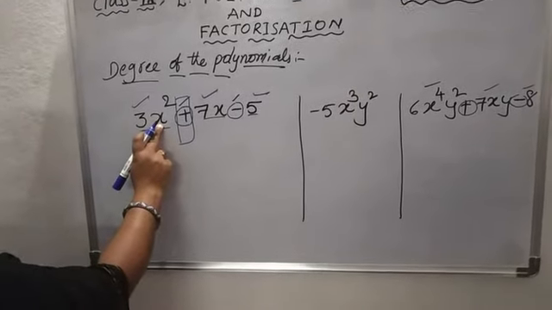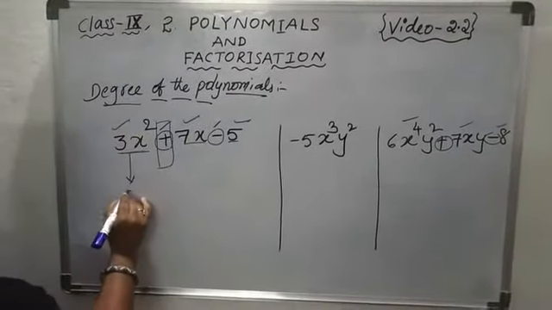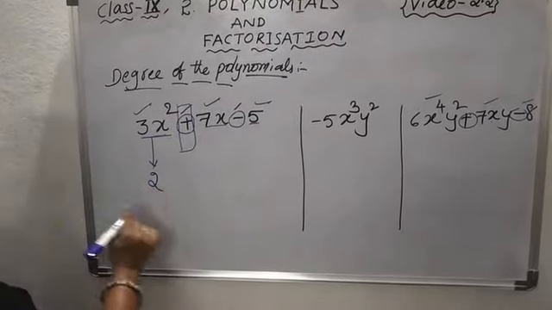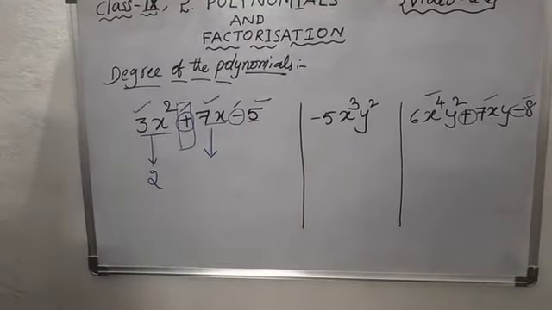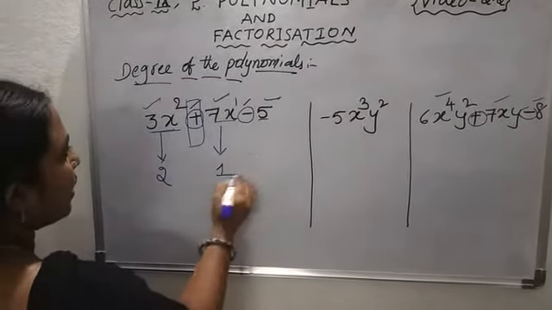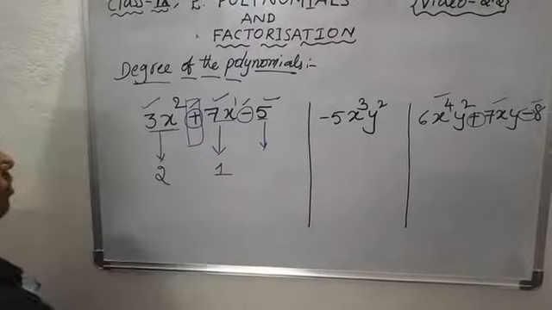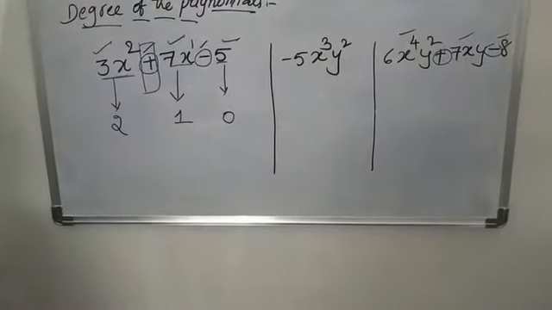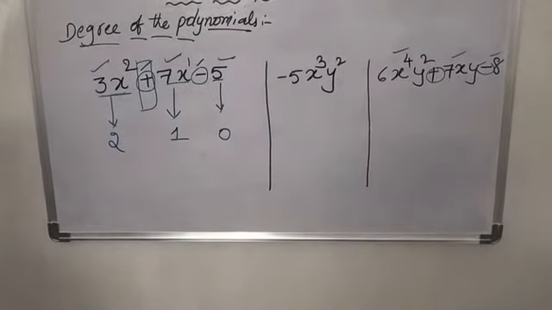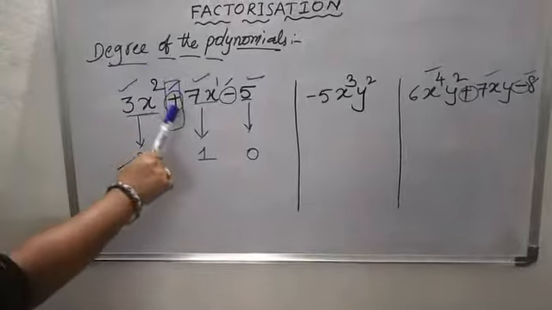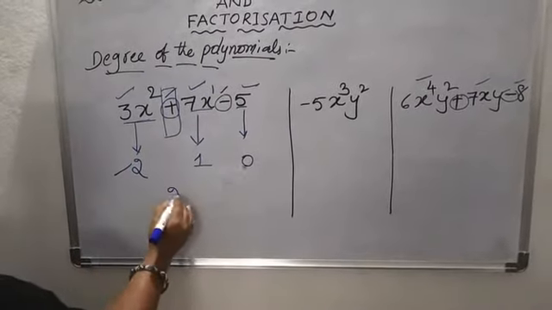And what is the exponent here? 2. So the power of 3x square is 2. In the second term, what is the power here? There is no value, means 1. Here there is no variable, means we take 0. Among these 3, which is the highest value? 2 is the highest value. So the degree of 3x square plus 7x minus 5 is 2.